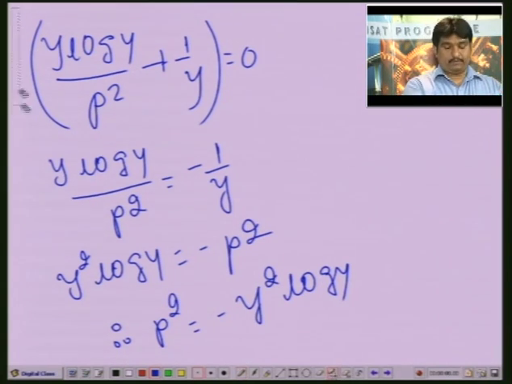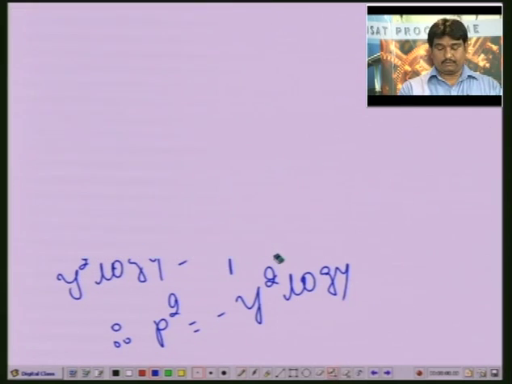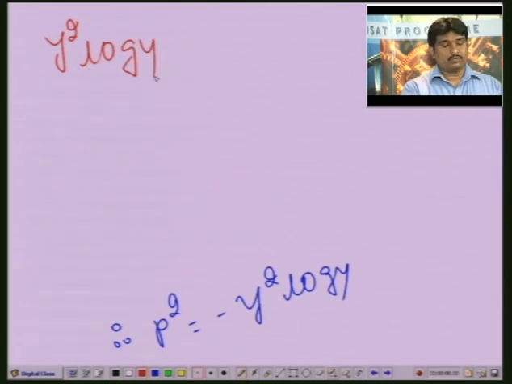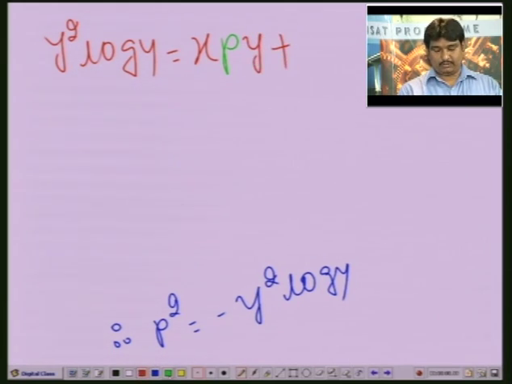Now, consider the given differential equation. The given differential equation is y square into log y equals x into p into y plus p square.